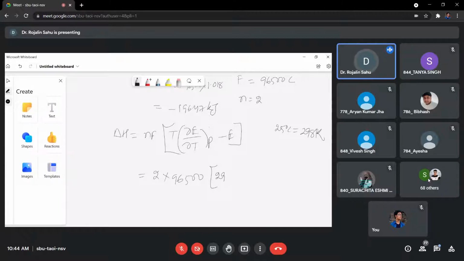So 298 into what is the value of del E by del T at constant pressure? What is the temperature coefficient here?